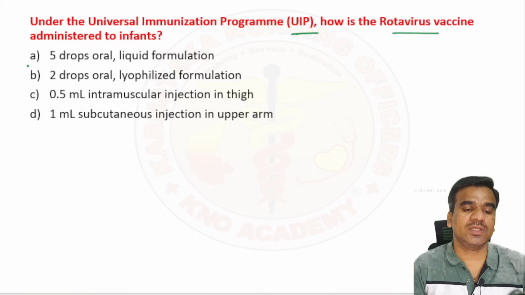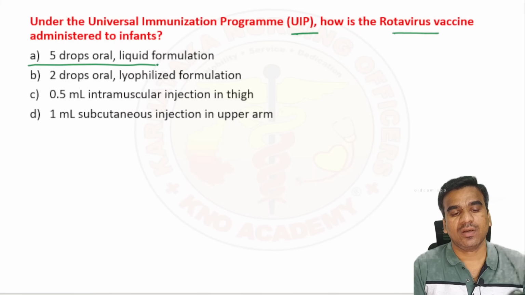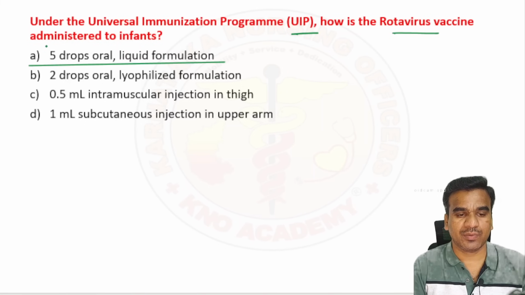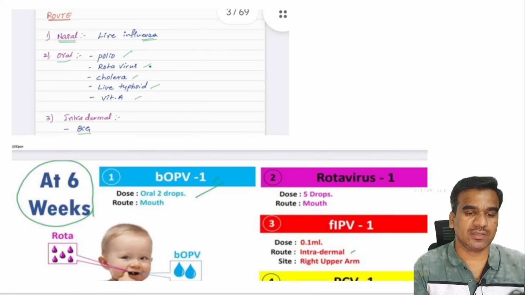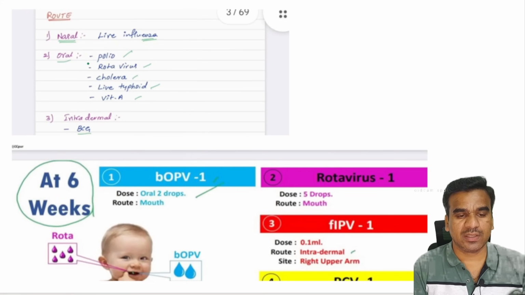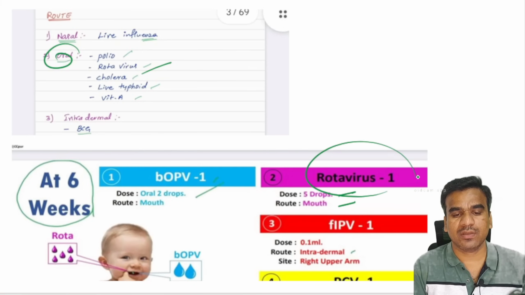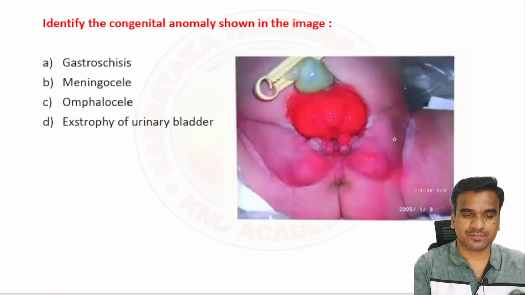We can answer this blindly: rotavirus is a liquid vaccine given orally, 5 drops. I wrote the same notes in KNO Academy. The same class is given in the KNO Academy app, and I shared the notes there too. Here we can see the oral vaccination, 5 drops of rotavirus in the mouth. Hope you understood.